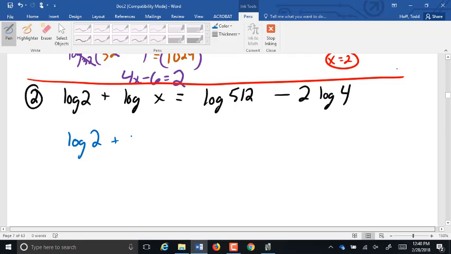Log of 2 plus log of x. But over here, 512 is 2 to the power of 9. Over here, the 2 log 4, I'm going to adjust that a little bit. I'm going to make that log of 4 squared.